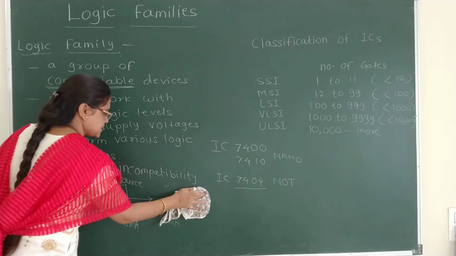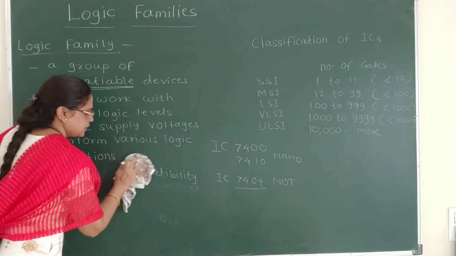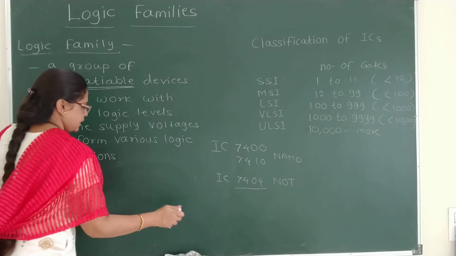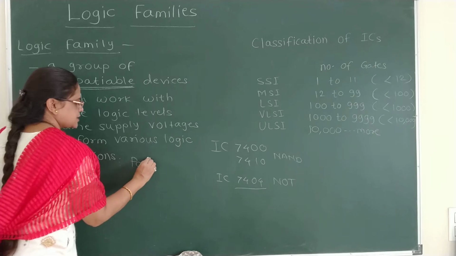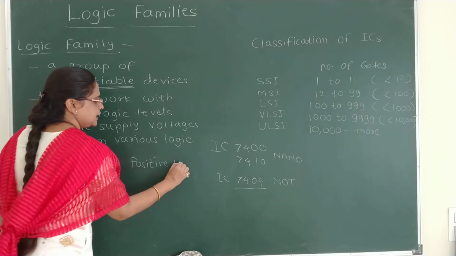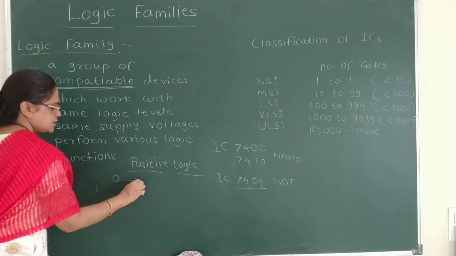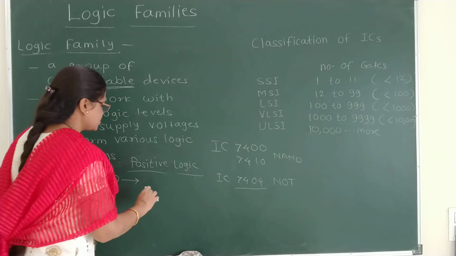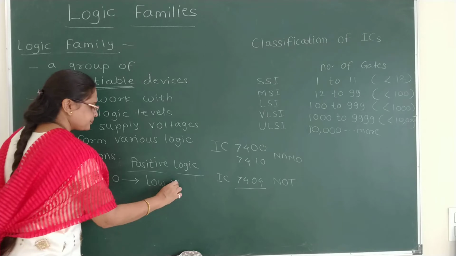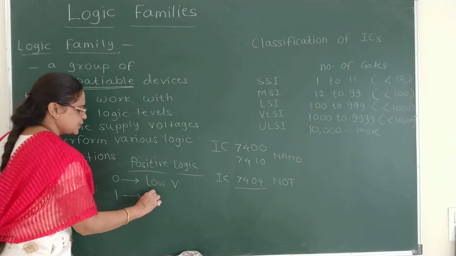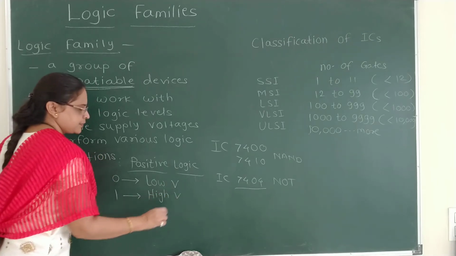Already we have discussed in the chapter on logic gates that there are two types of logic systems, positive logic and negative logic. In positive logic, digit 0 indicates low voltage and digit 1 indicates high voltage.